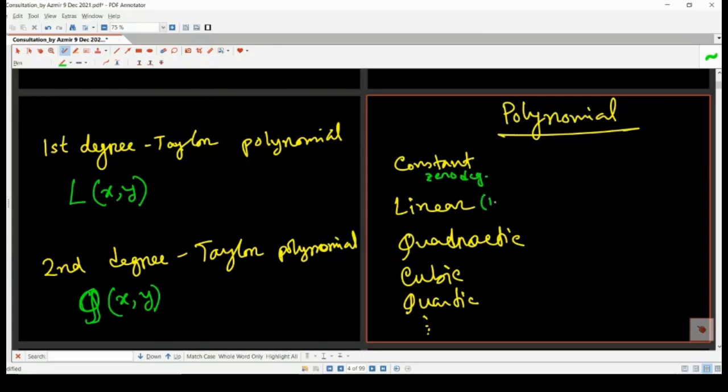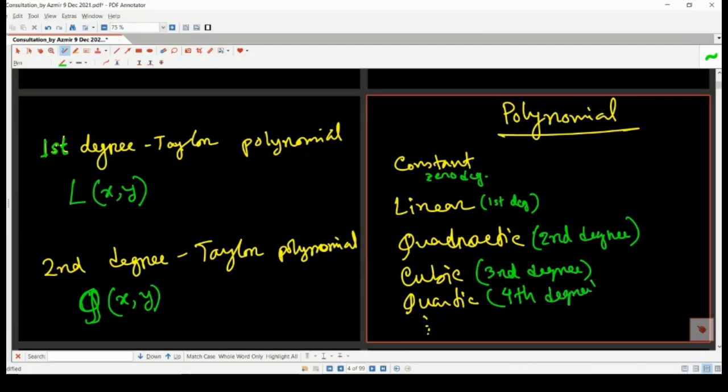Linear is known as a first degree polynomial. See, for L of x comma y, the linear approximation, it is written that it is the first degree Taylor polynomial. So linear is also known as a first degree polynomial. Quadratic means second degree polynomial. Cubic means third degree polynomial. Quartic means fourth degree.